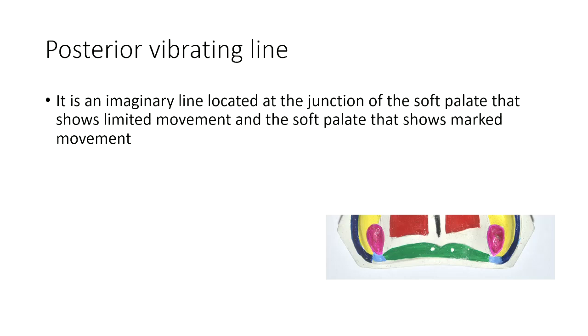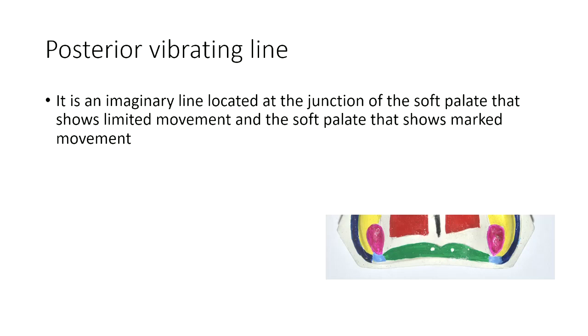Okay, now coming to the posterior vibrating line, it is an imaginary line located at the junction of the soft palate that shows limited movement, and the soft palate that shows marked movement. That is, it is a junction between an area in the soft palate which shows a marked movement as well as a limited movement.